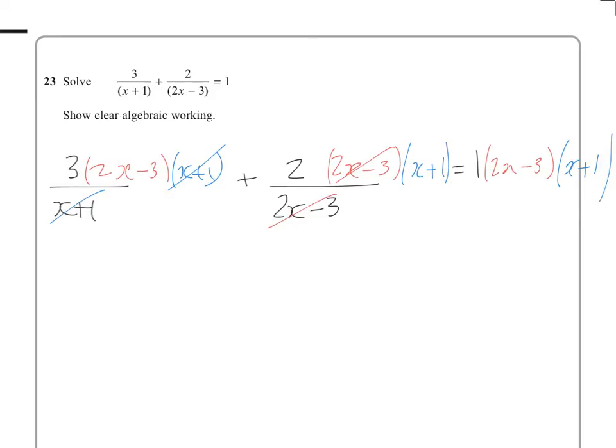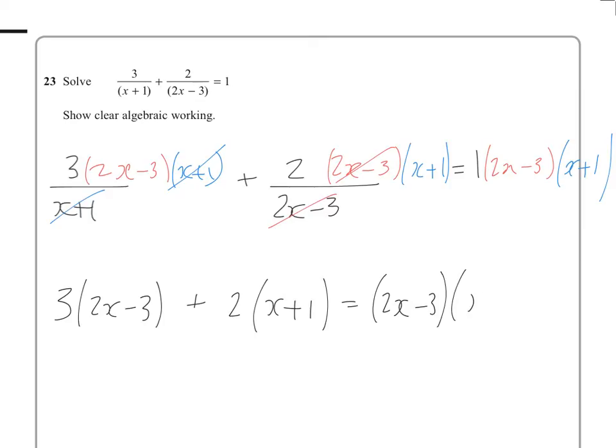I end up with the result 3 times 2x minus 3 plus 2 times x plus 1 equals one lot of those two brackets, or just 2x minus 3 times x plus 1.